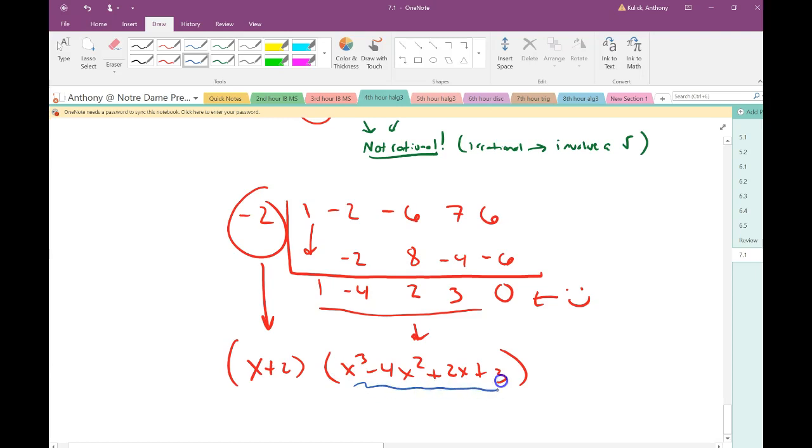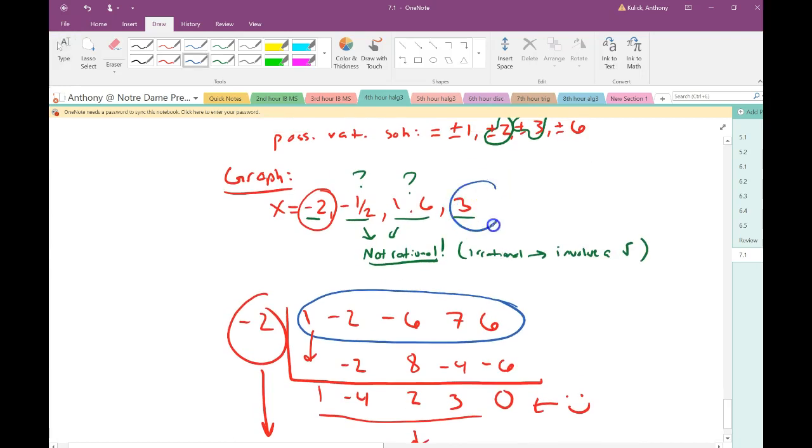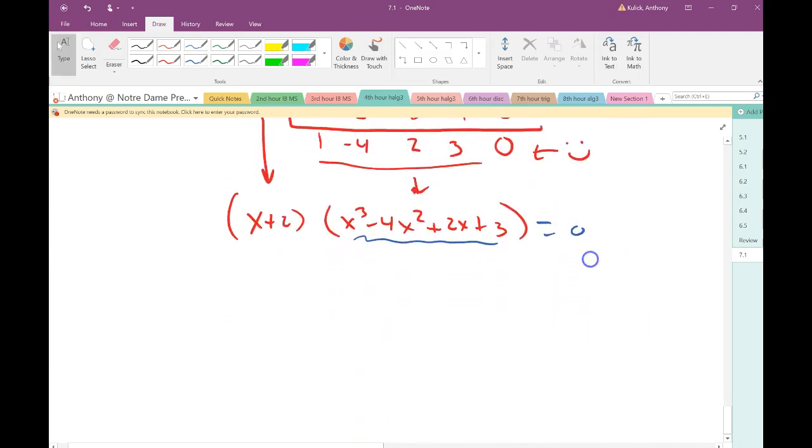Now I'm left to try to factor this, or solve this. Stuck in the same place, like, can't factor this by grouping, I don't know any factors to it, but I do know that any possible factor of the original polynomial could be a possible factor for this one. I still have one that I haven't used yet, 3, so I'm going to use 3 on this piece.